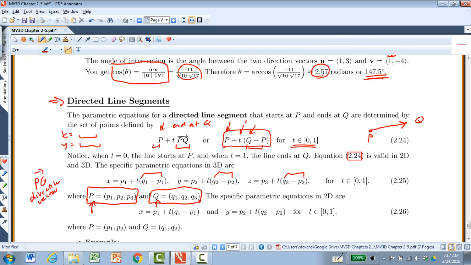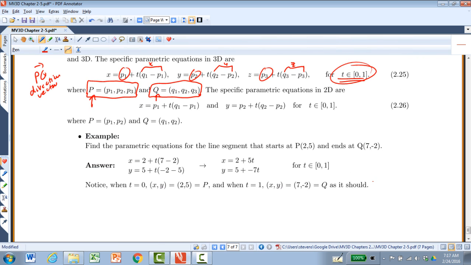Notice this is the x direction, y direction, z direction. And if it starts at the point P, then x starts at P1, y starts at P2, z starts at P3. And t goes from 0 to 1. That's what makes it go from P to Q and stop at Q. If you let t go from negative infinity to infinity, it would go through both, but it would go infinitely in both directions.